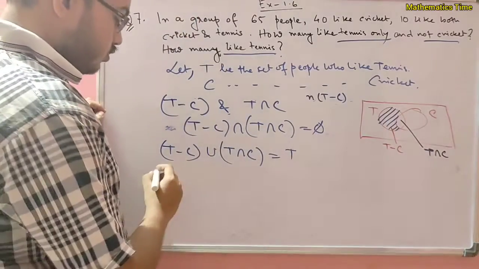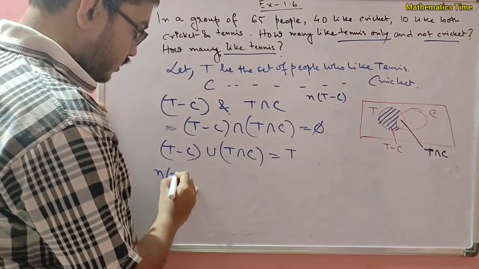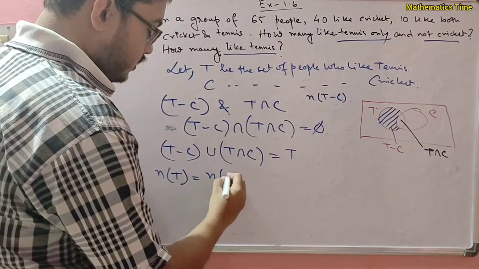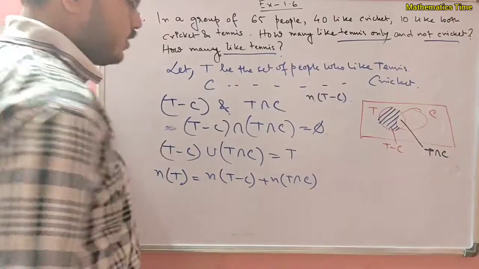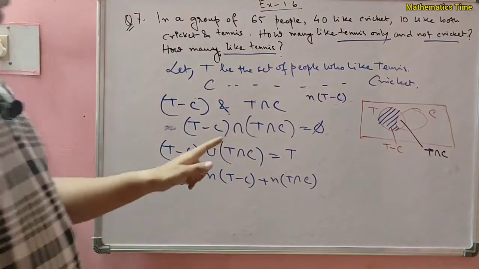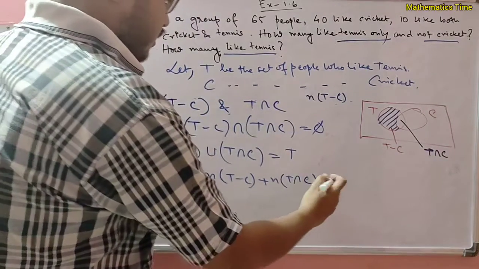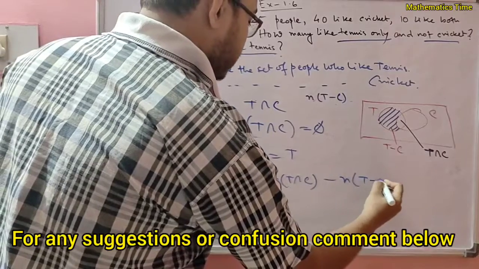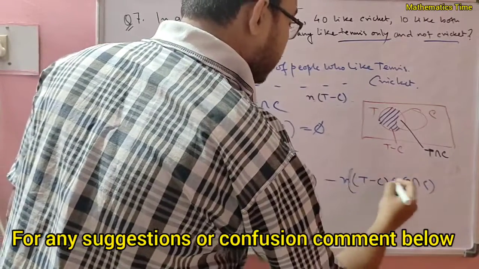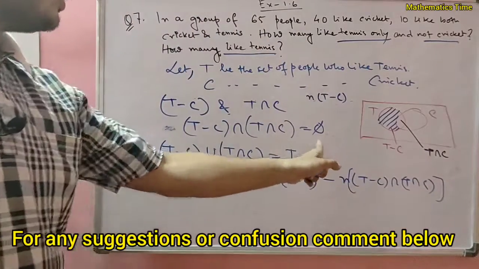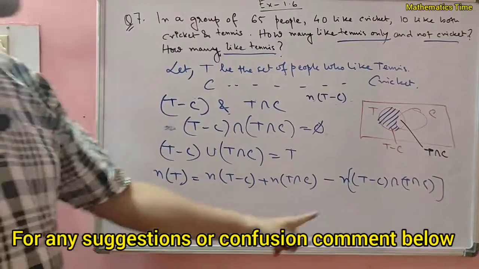So n of T is equal to n of T minus C plus n of T intersection C, and there is a term n of T minus C intersection T intersection C. This will be neglected. Why? Because the intersection of these two sets is empty, so this will be 0.